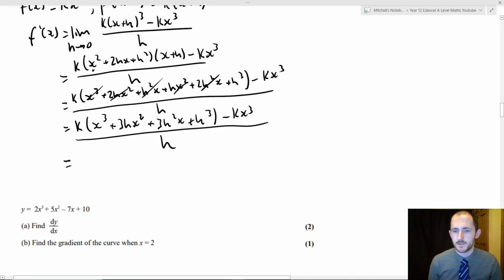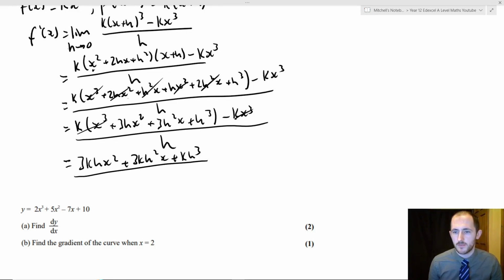Cool. So again, we can cancel that kx cubed with that kx cubed. We're going to have 3khx squared plus 3kh squared x plus kh cubed, all over h. And once again, we're going to cancel out h from everything.